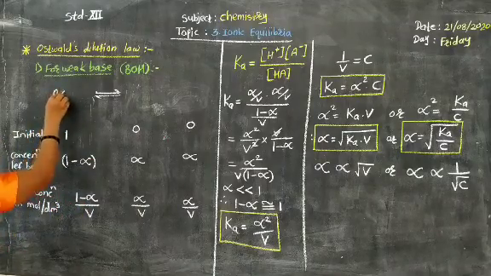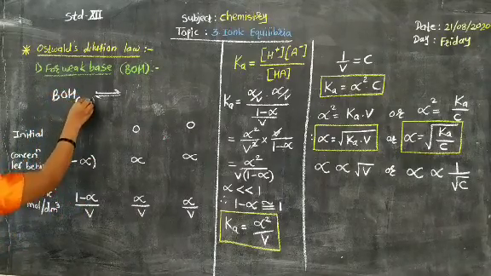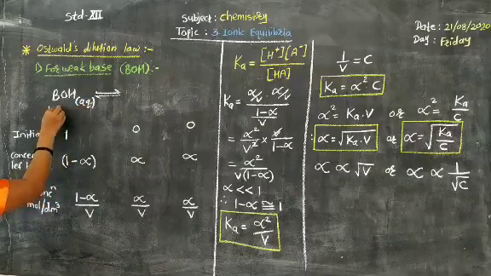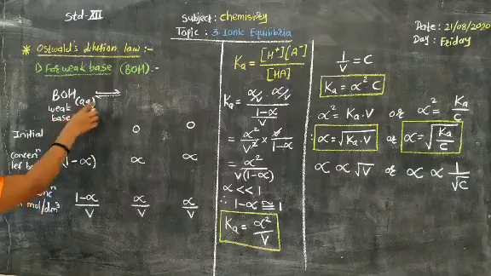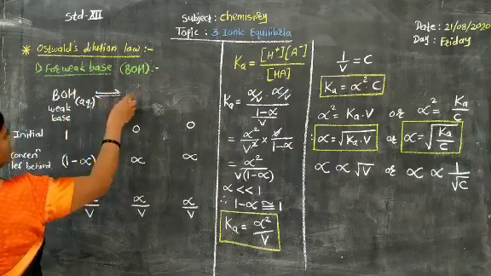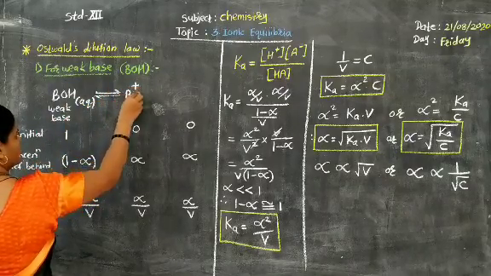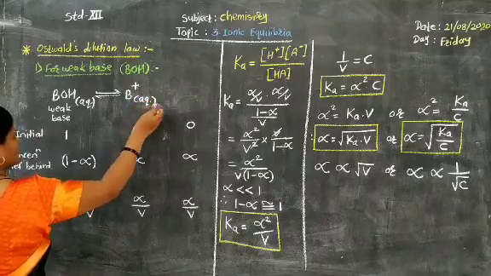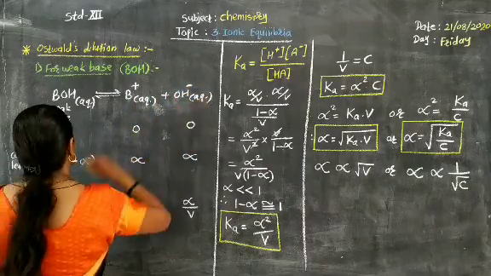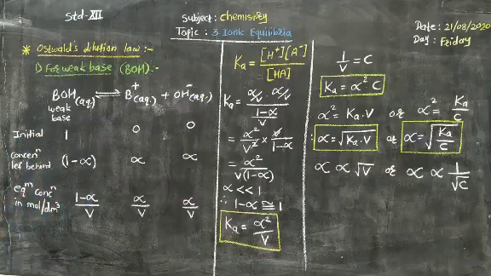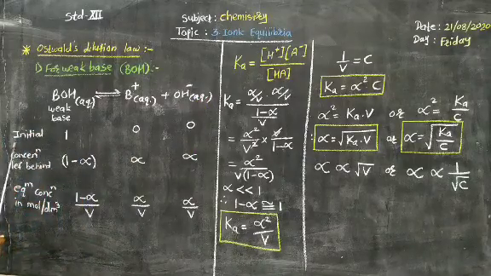Weak base BOH in the aqueous medium, as it is a weak base, therefore dissociates at equilibrium to form B plus aqueous plus OH minus aqueous. Now the remaining part will be the same as in the first derivation.